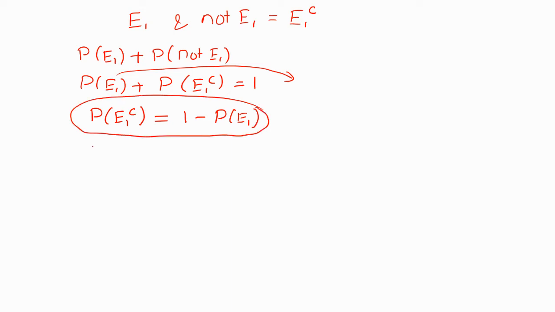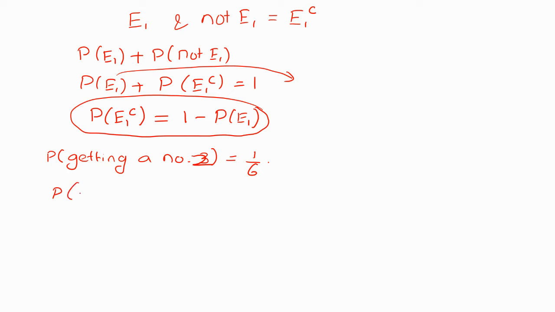Okay, so now if I consider an example, the probability of getting a number 2 on a die is 1 by 6.